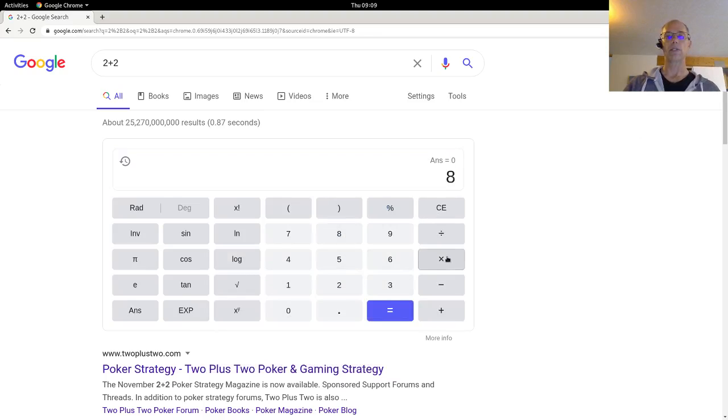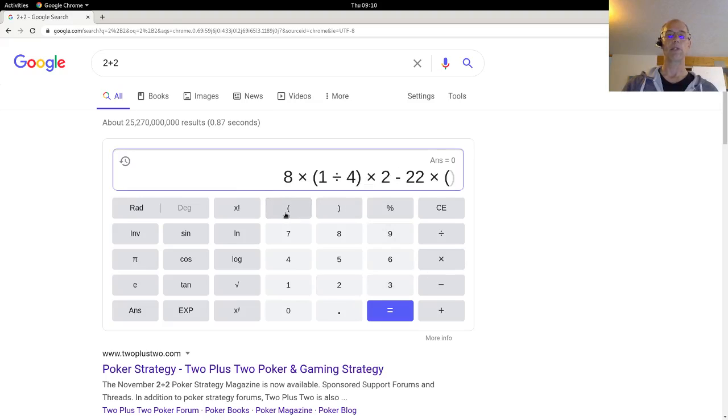So 8 times parentheses 1/4, close parentheses, and square it, minus 22 times parentheses 1/4 for x, and then add the 5. Compare to your notes, make sure you typed it right, equals, ooh, either I didn't type it right or I have an error somewhere.